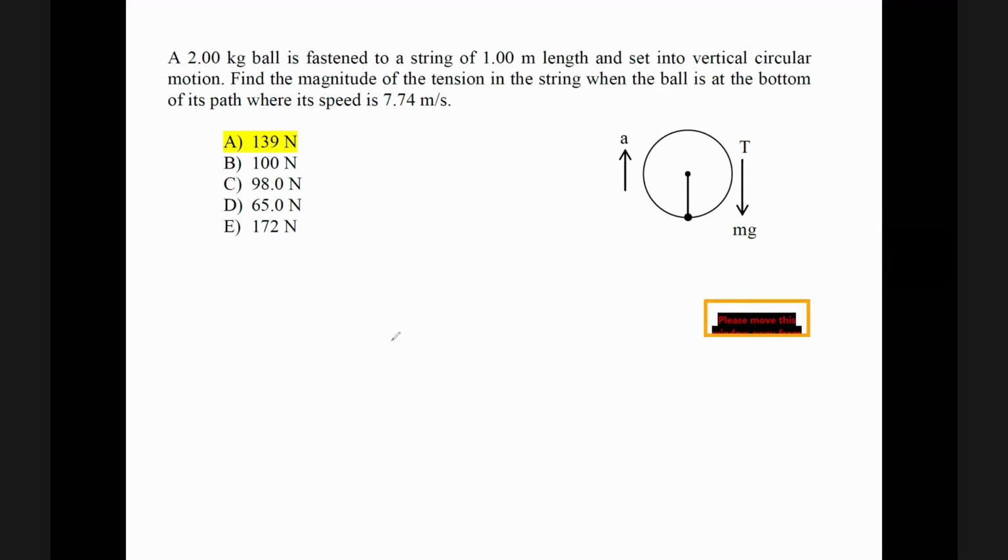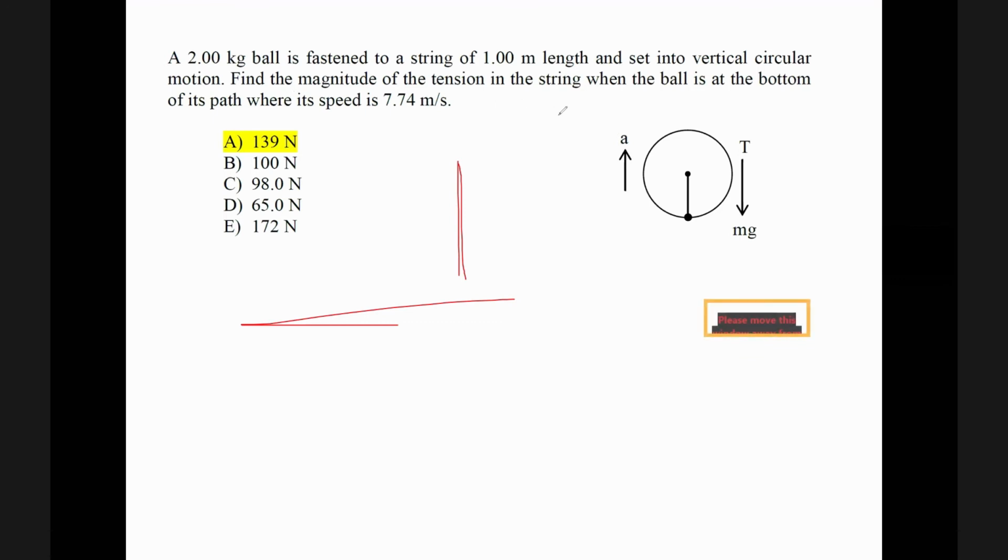This is horizontal and this is vertical. So with vertical, there is a possibility for gravity, yes, because it's vertical.